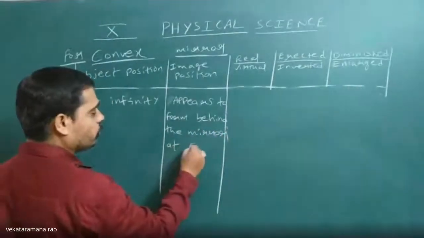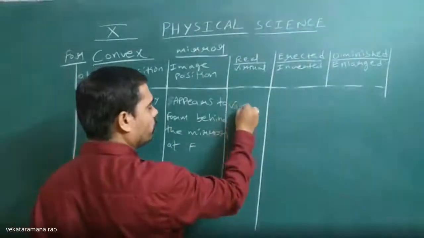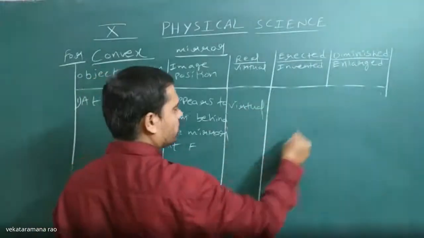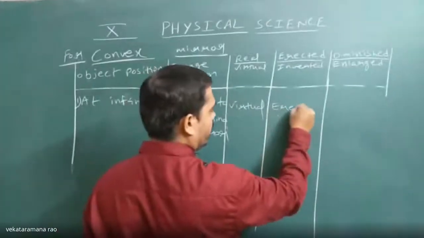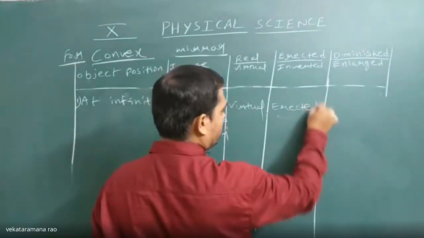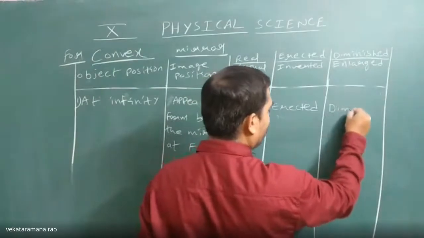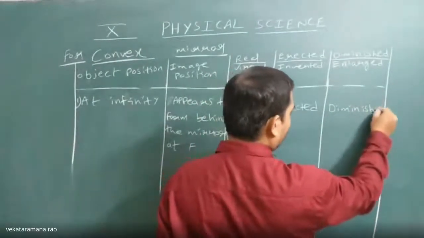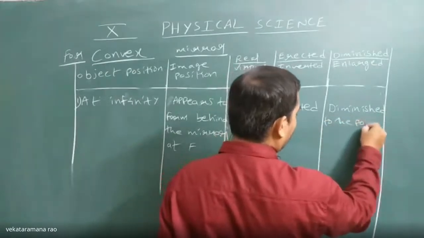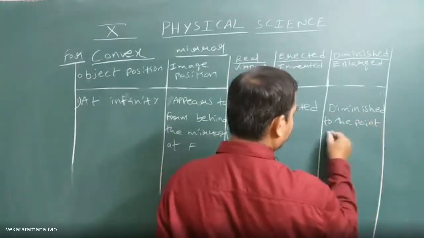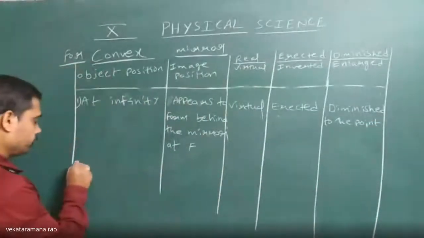Is that real or virtual? Since it only appears to form, it's virtual. Since it's virtual, we can tell it's erect. Now next, is that diminished or enlarged? Diminished to the point size. Now what about the second position?